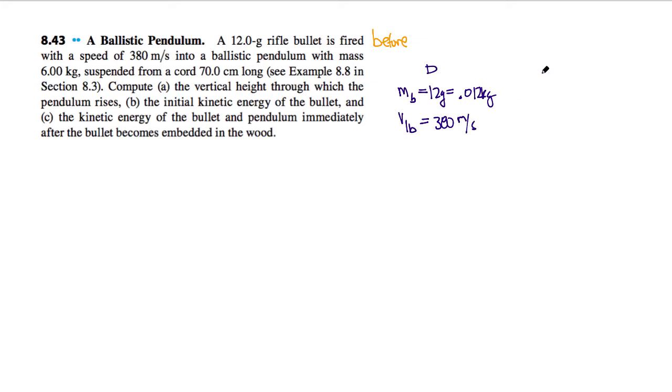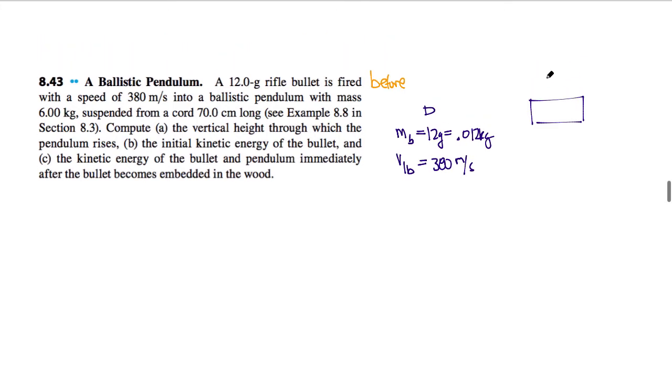Then it collides with a ballistic pendulum, a block of wood that is suspended from a cord. Here's my cord, and the length of this cord is, I'm sorry, not 70 meters, 70 centimeters, so L equals 0.7 meters. The mass of the ballistic pendulum, P, is 6 kilograms.